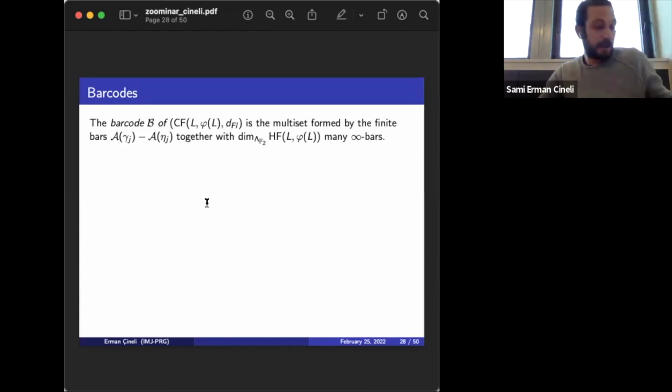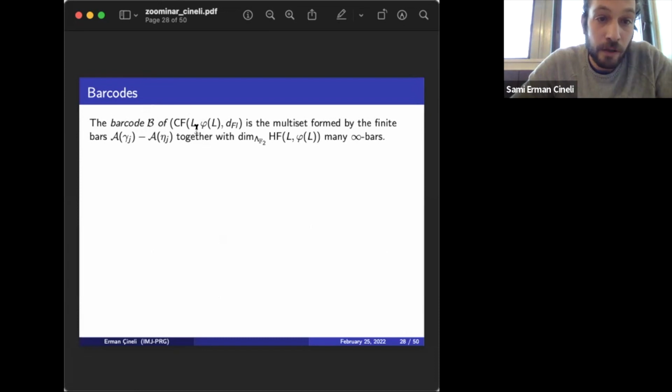Okay. Now, given a singular value decomposition, the barcode B of the complex is defined in the following way. It is the multiset formed by finite bars, where we take the action differences of gamma and eta, together with some infinite bars, whose multiplicity is equal to the dimension of the homology.